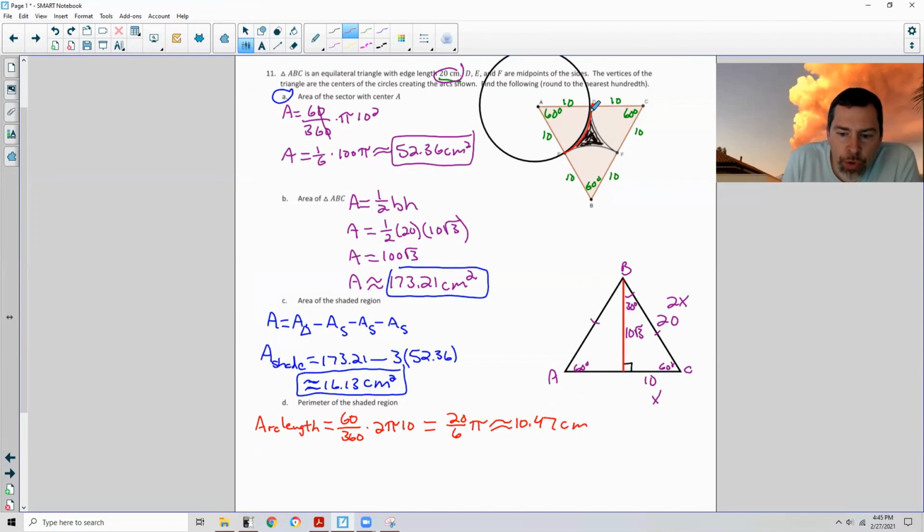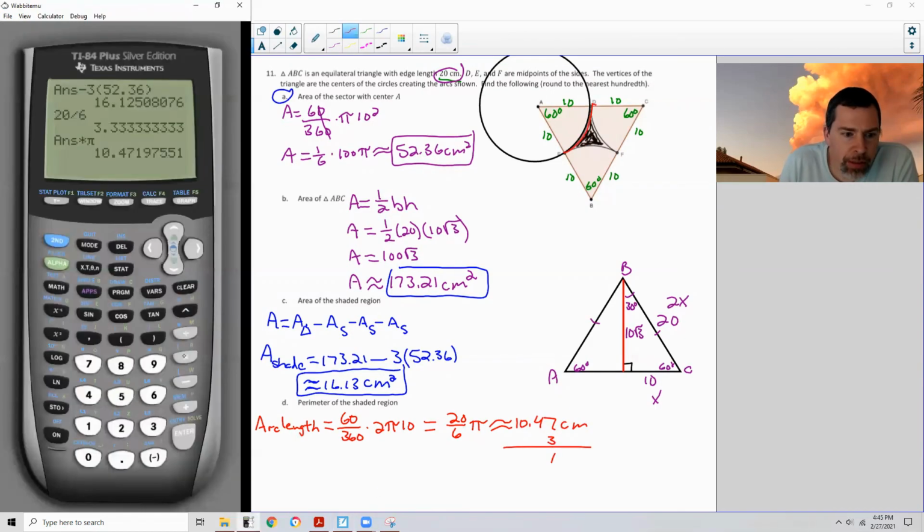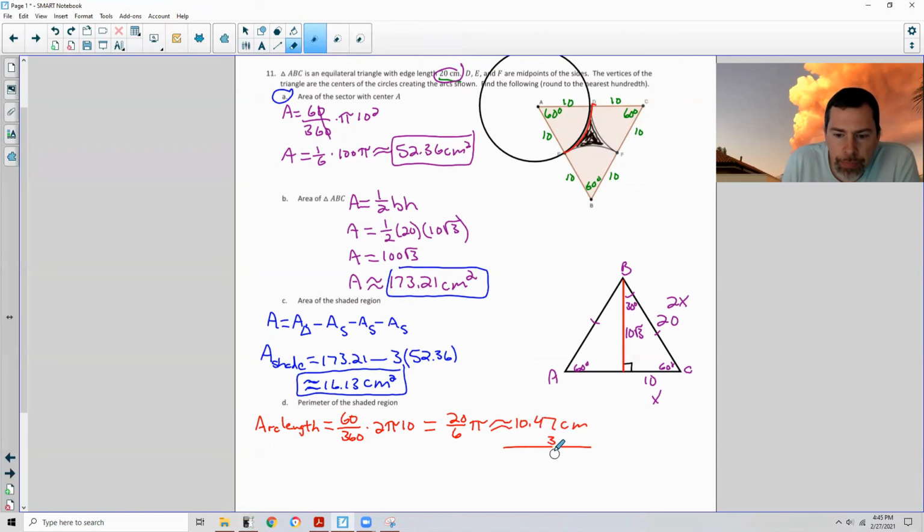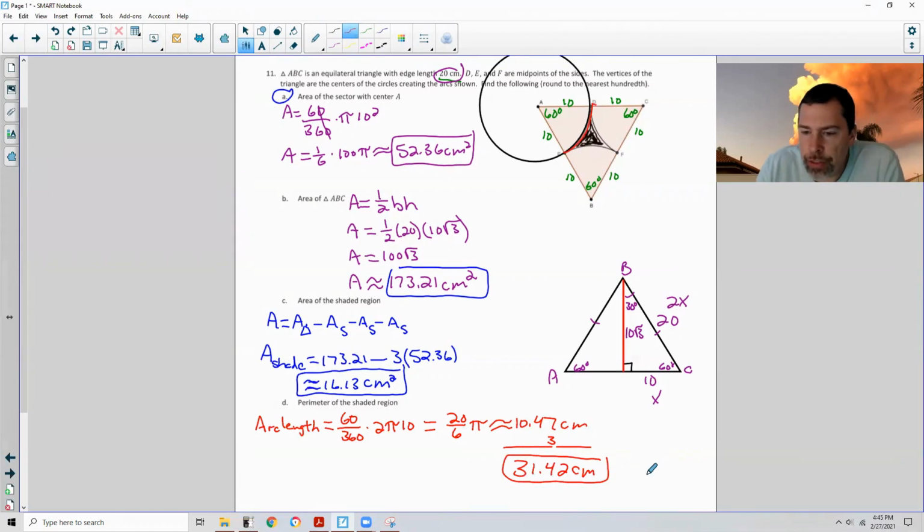That is just 1. Multiply that by 3, and we get 31.42. So that comes out to be approximately 31.42 centimeters, because perimeter is side plus side plus side. So there we go.